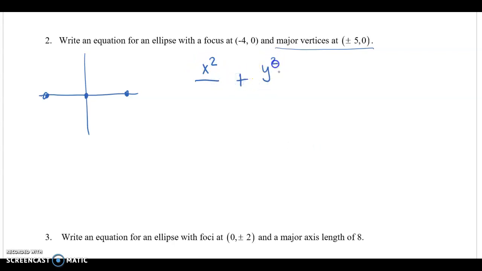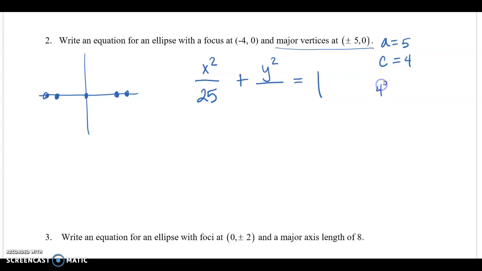X squared over something, y squared over something equals 1. My major vertices are at plus or minus 5, so I know A equals 5, so this is 25 in the horizontal direction. And now, since one of the foci is at -4, well, symmetrically, the other focus has to be at +4. That tells me that C equals 4.